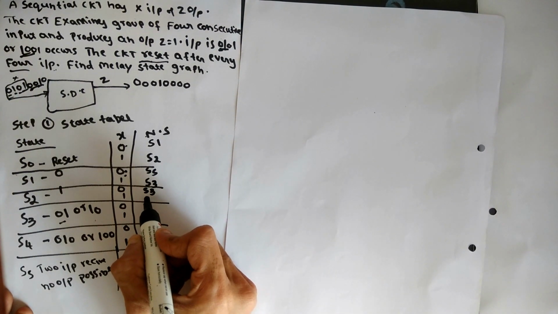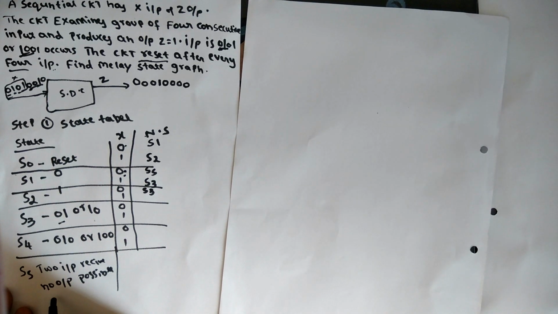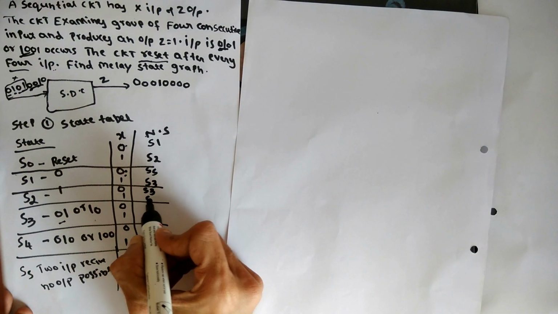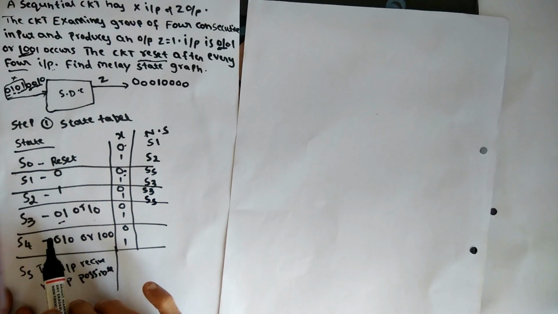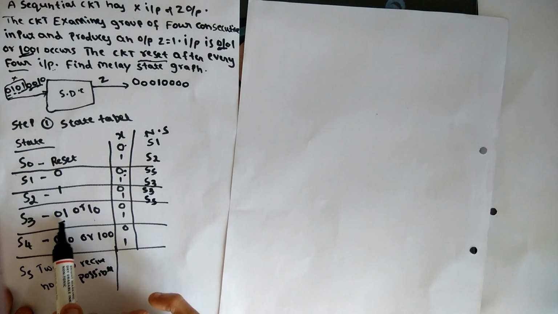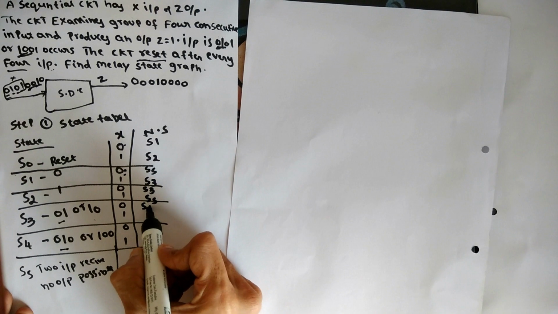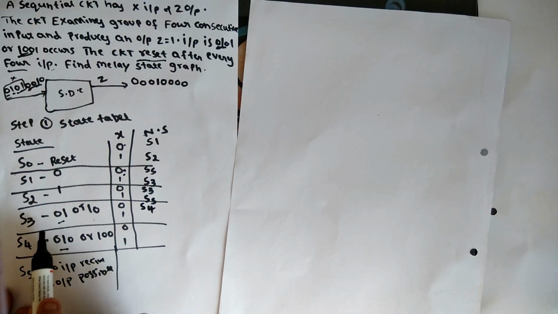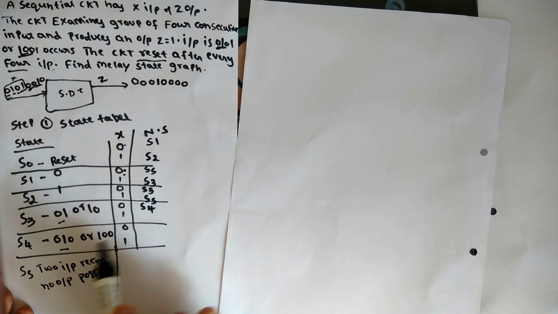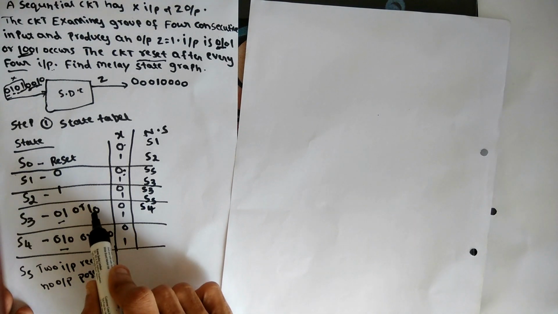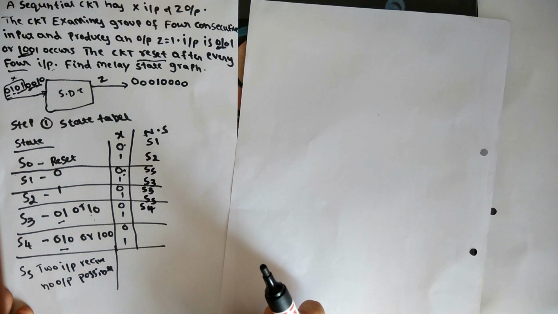For that reason, go for 2 inputs received but no output is possible. So it is S5. Then go to the S3 portion. Here 0 1 0 is there in S4, so this state is S4. Similarly, we have 0 1 1, which is not there, and 1 0 1 is also not there.